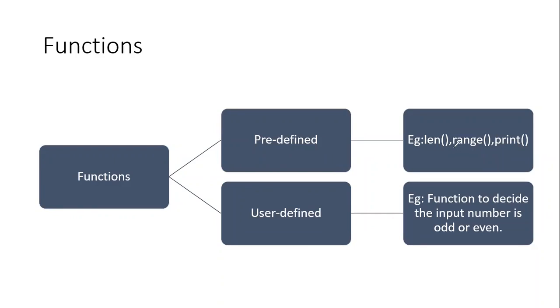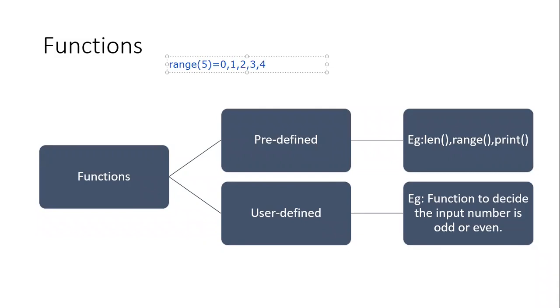As an example, we have already worked with the range function, when we were working with loops previously. If you remember, the range function represents a range of values. When you write range 5, this will produce the values 0, 1, 2, 3, and 4.